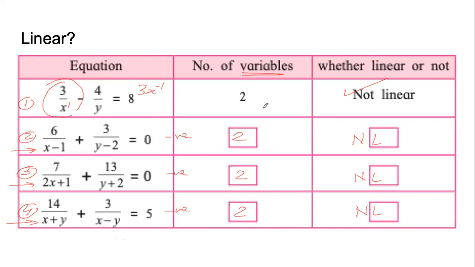The very fact that the variable is in the denominator tells us that the power is negative. Remember again, 1 by a to the power m equals a to the power minus m, right? That is what we are saying now. If the variable is in the denominator, the power is negative.